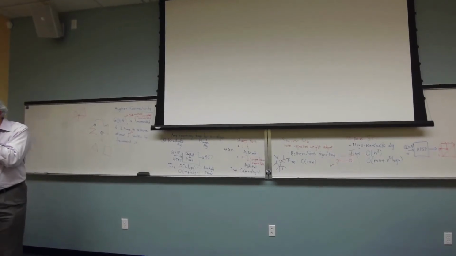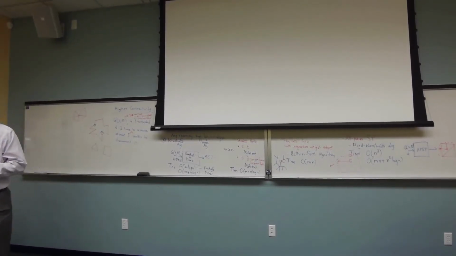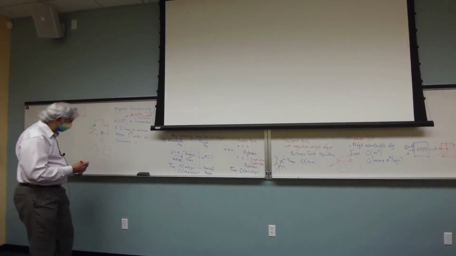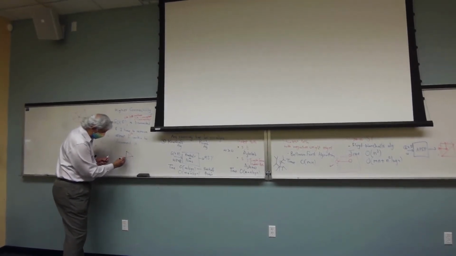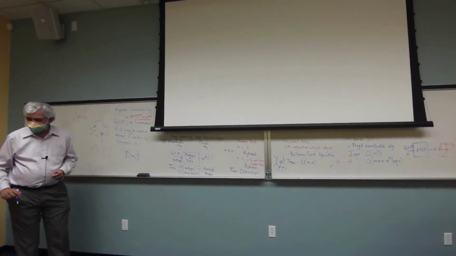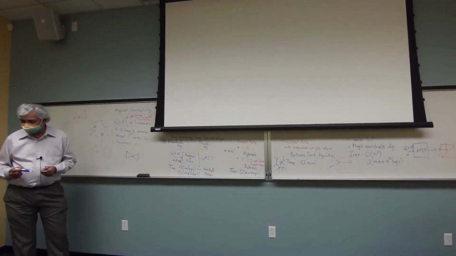Correct. I think if every vertex in the graph is connected to at least two other vertices, then that's two connected. Not good enough. I'll show you. Here every vertex is connected to at least two others. Oh, right. Didn't work.